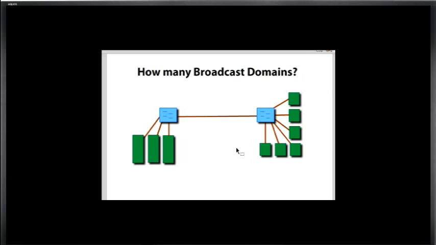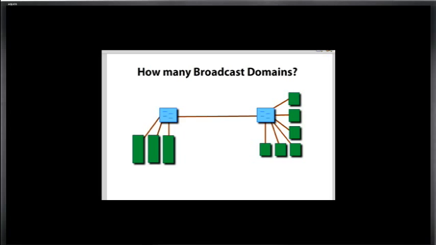And so then the question they always ask is, well, how would you improve performance on this network? Well, first of all, if you had hubs right here, one way to improve the network would be to change the hubs into switches. And then the other way to improve the network would be to take this single broadcast domain, one broadcast domain, there's no routers, it's one network, they're all, let's say, on the 192.168.1 network.